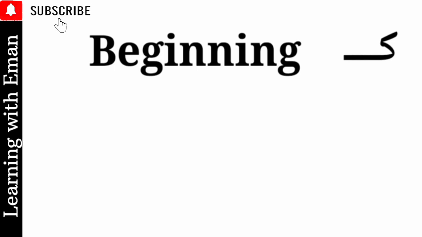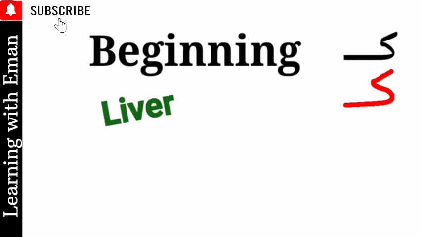Here is how to write the beginning form. Like كبد means liver.